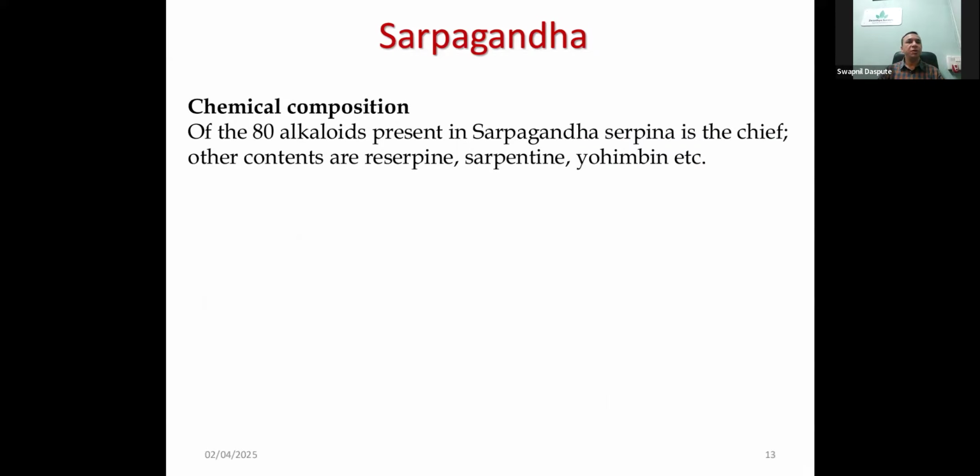Chemical composition wise, out of the 80 alkaloids present in Sarpagandha, Sarpina is one of the important chief alkaloids. Other contents are reserpine, serpentine, yohimbine.